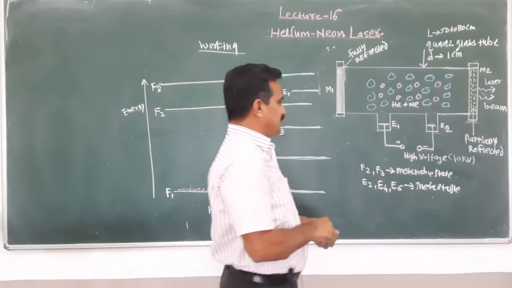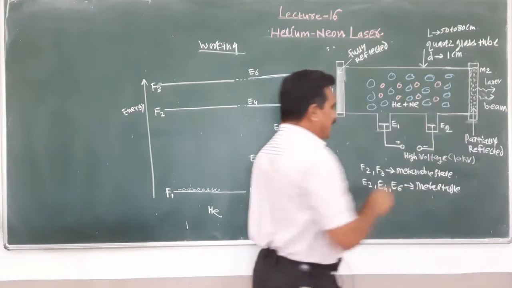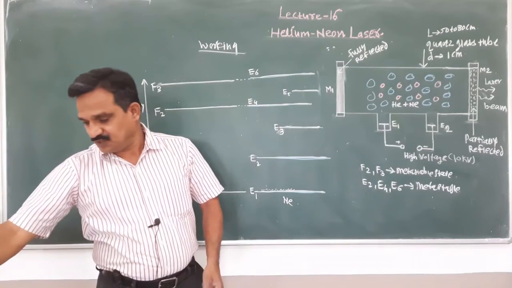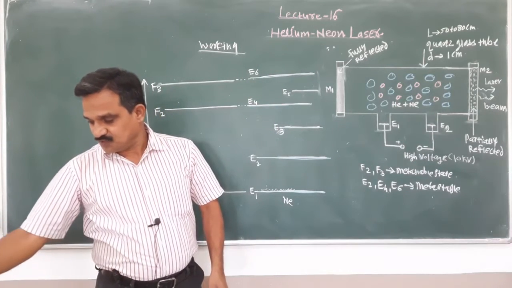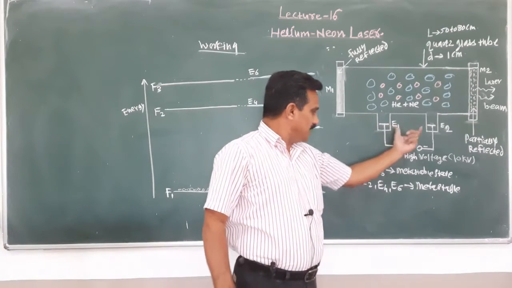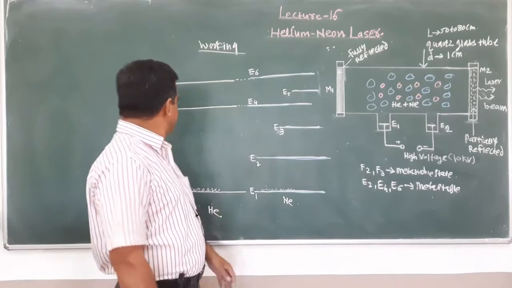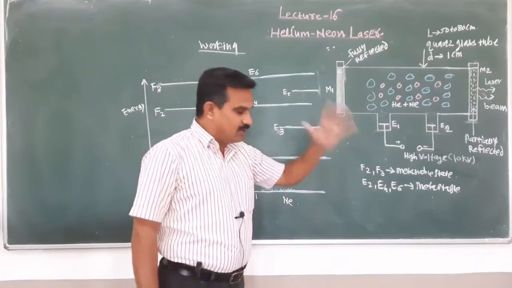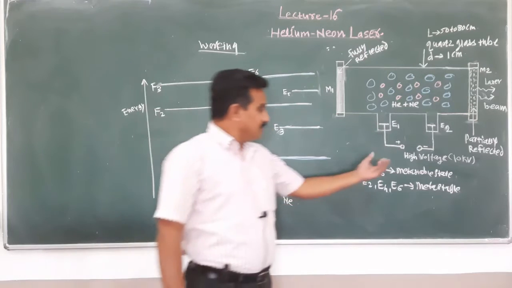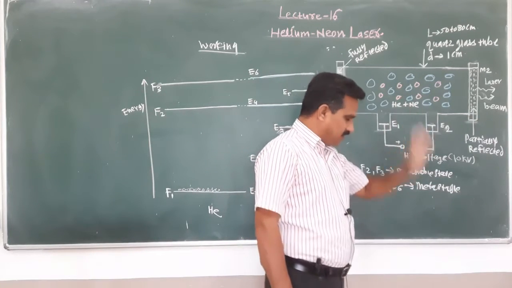These are neon atoms, and these are the helium atoms. They are present in the glass tube. When we connect these two electrodes to the high voltage, what will happen? Due to the application of the high voltage, the positive is connected here and the negative is connected here.